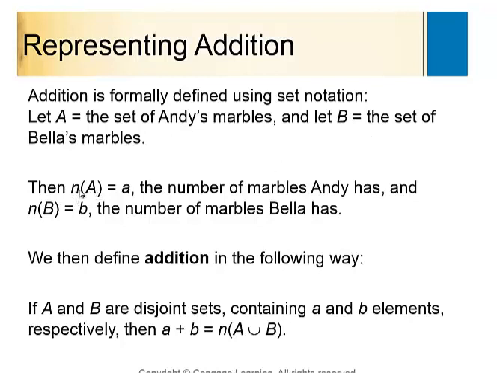That's the number of elements in set A, or the number of Andy's marbles equals A. This is a very mathematical way to write this. If you take set theory, this is how this is represented. And we took you through that in chapter 2.